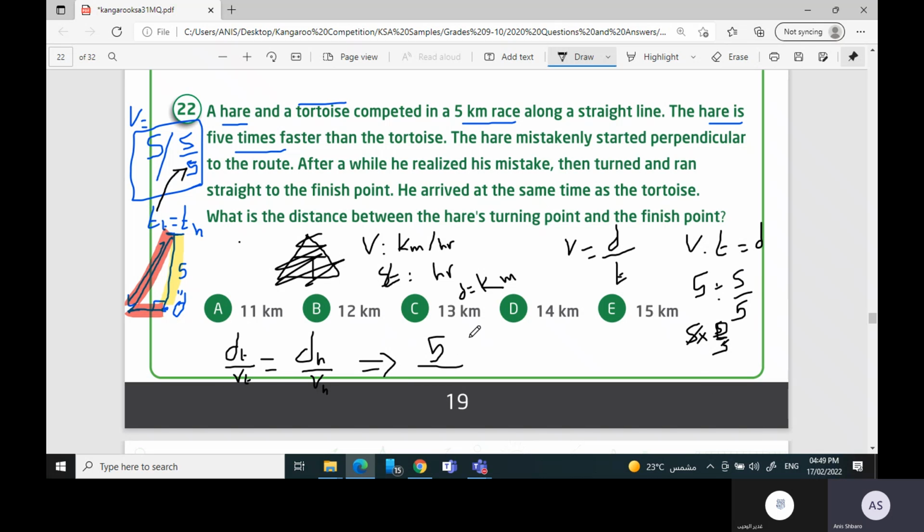So, the distance 5 over the velocity, we can get rid of it all and replace it only with 5, is equal to the distance covered by the hare, which is, I don't know, let's keep it unknown, over the velocity of the hare.